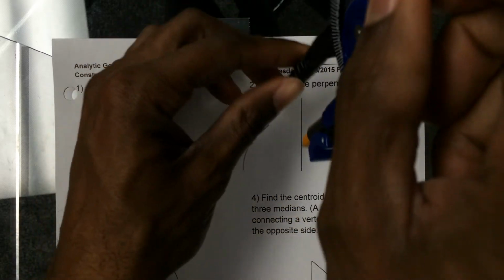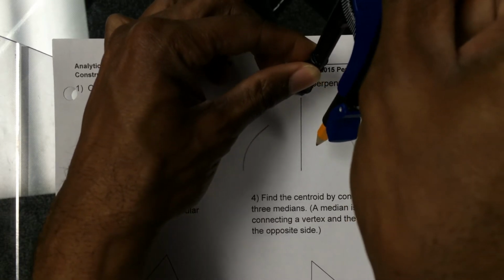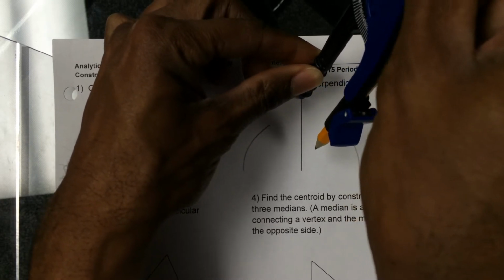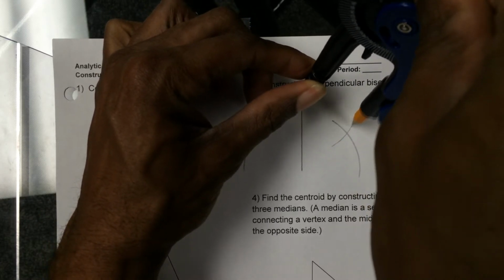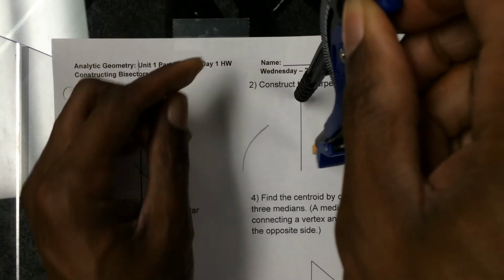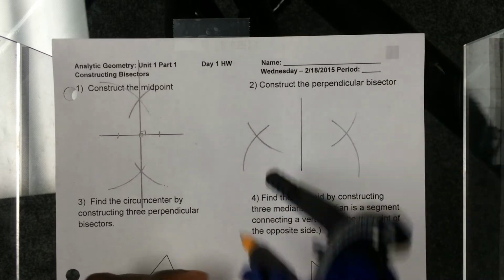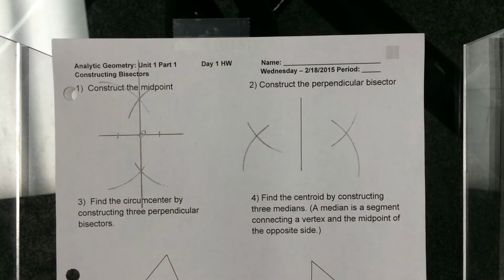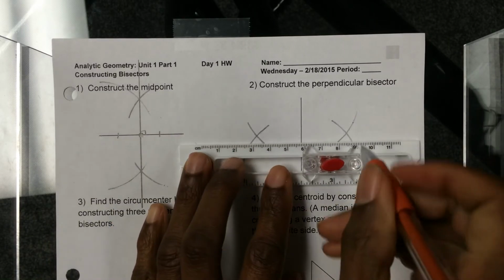Now jump to the other side of the segment, the other end point, and plant your point, and then make two more arcs, one on each side. So I've got one over there, and I'm going to have one over here.